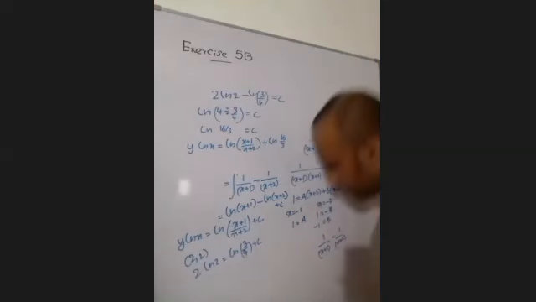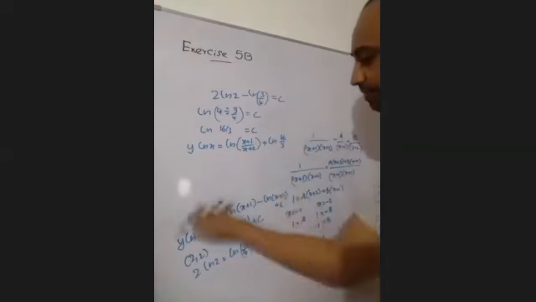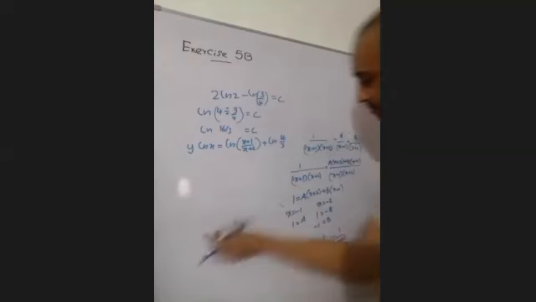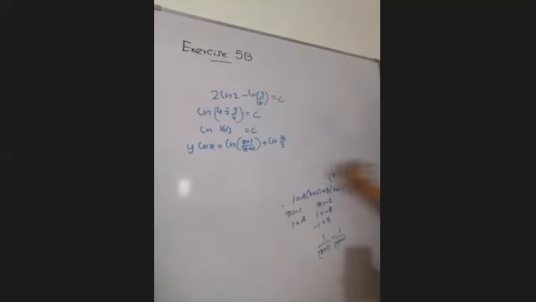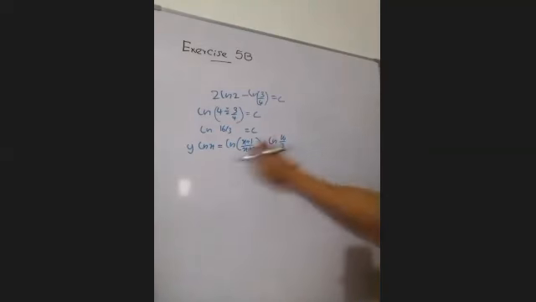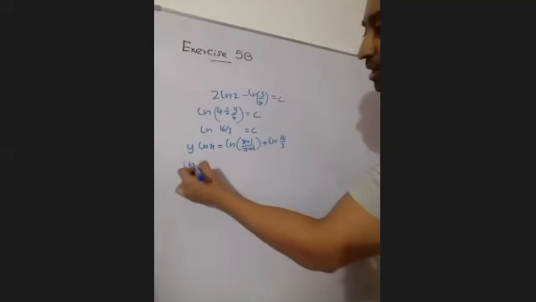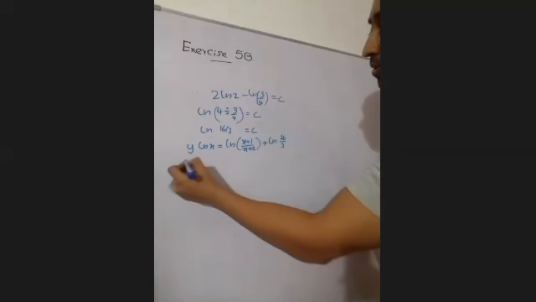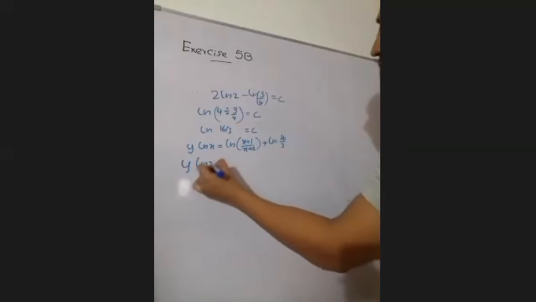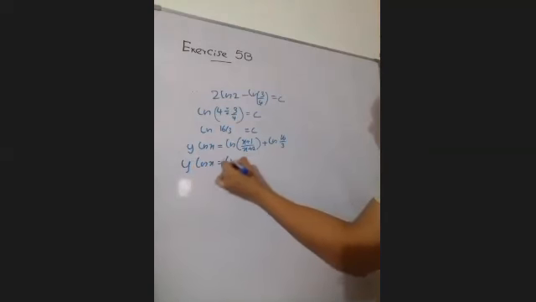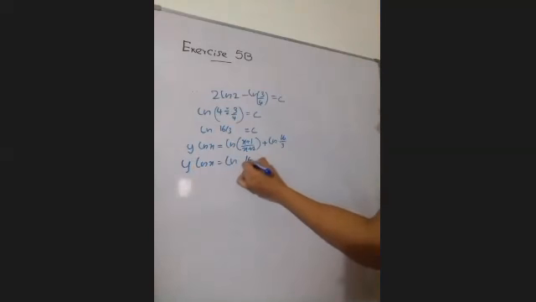Then we can simplify this, just write it as a multiplication. Y ln x is equals to ln, we can write this multiplication as 16 times x plus 1 over 3 times x plus 2.